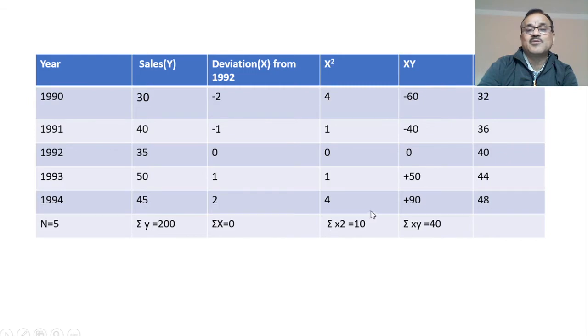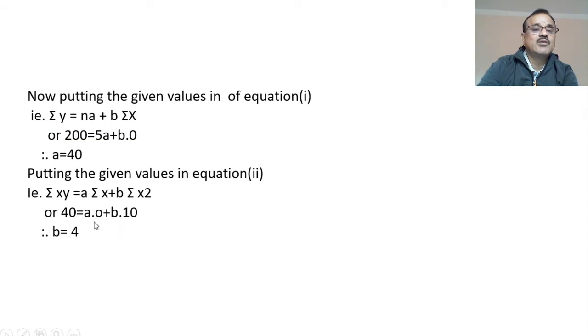Putting these values, summation of xy 40, this term is 0, and b times 10, or 10b, equals 40, therefore b equals 4. Now we have a equal to 40 and b equal to 4.